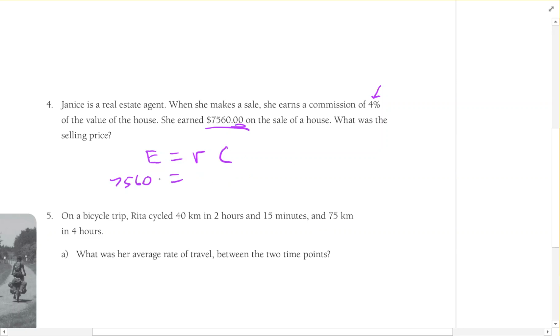That's going to be equal to, now one might think I might just put in 4%, but I don't. It needs to be written as a decimal. One might also think that you go 0.04. That wouldn't be it either, because we make interest on top of what we make there.